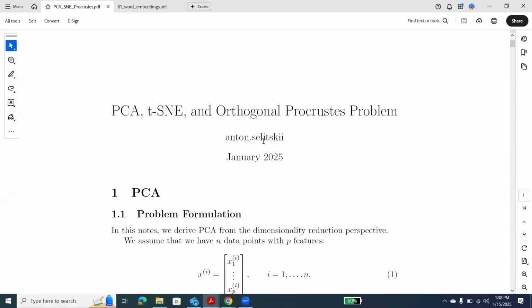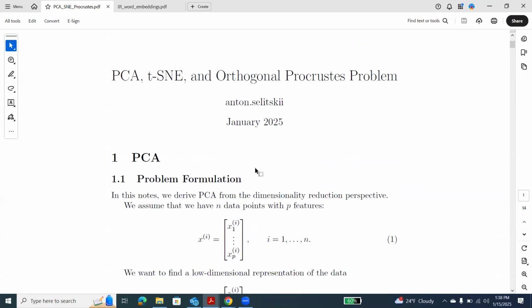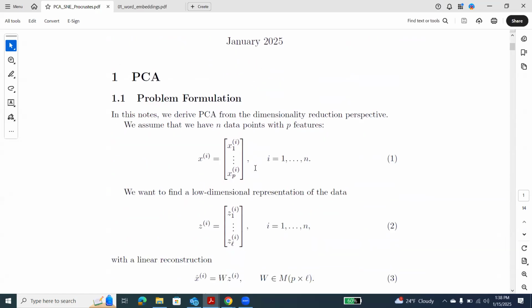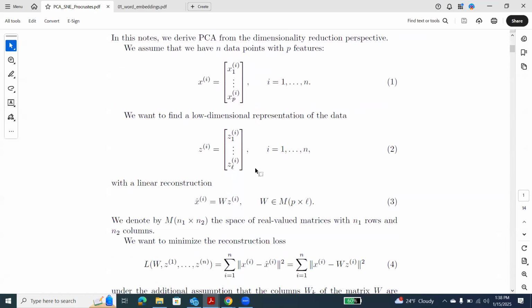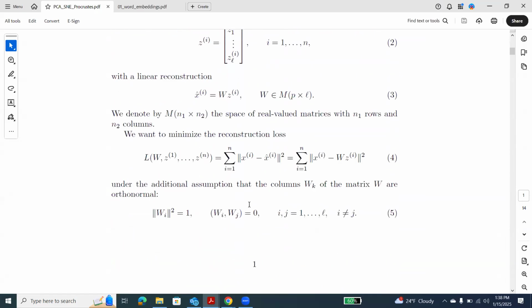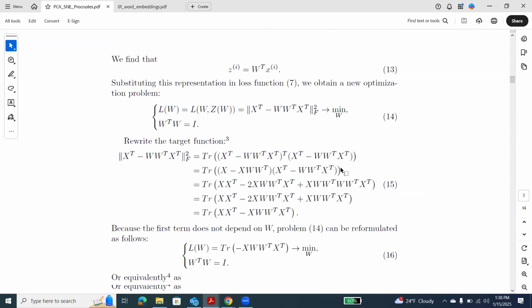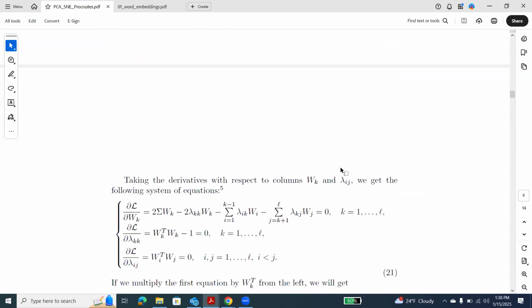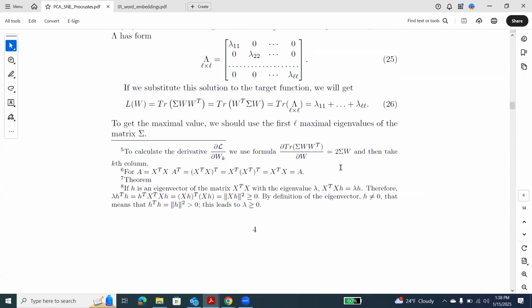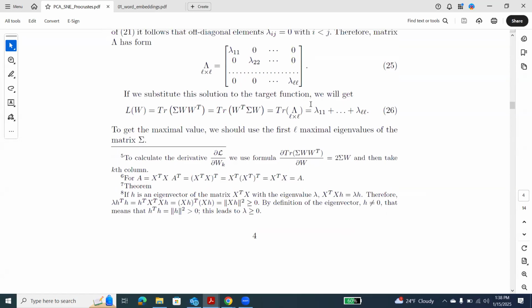So here is a reminder of PCA and how we obtain dimensionality reduction from minimizing the distance between points in one space and in another space. Then there is a proof, if somebody wants to read, with Lagrange multipliers, that the result will actually be the sum of total variance.